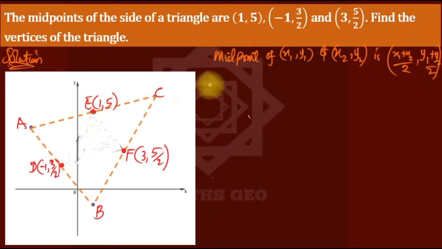For this one, the midpoint of AC, let's call the coordinates of A (xA, yA), C (xC, yC), and B (xB, yB).